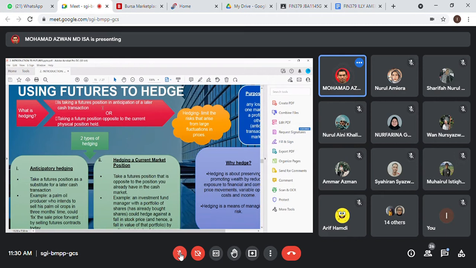Okay, ketika you want to buy or sell CPO in December, now is November kan, so between November and December, anything could happen to the price of CPO. So in order to protect your CPO position in the underlying market or cash market, you enter the futures market today, November.